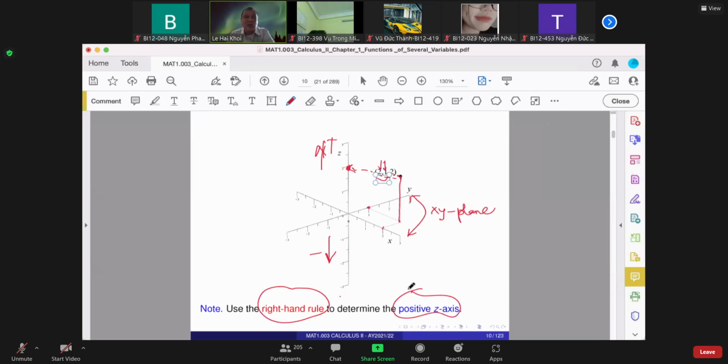So you type on the internet the right-hand rule in mathematics, and you understand what it is and how to use it, using 3 fingers of your right hand. Okay.